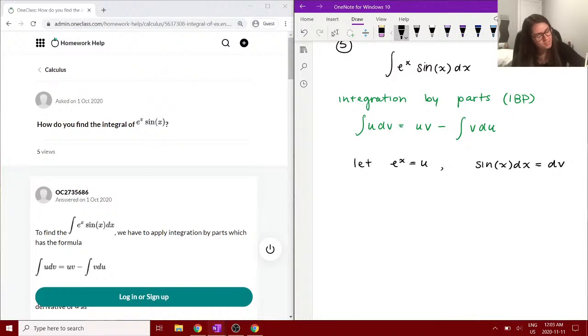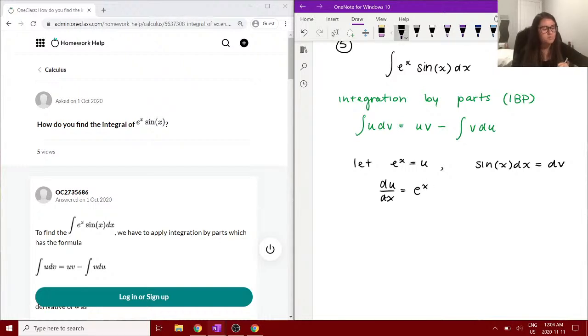But if we take the derivative of this first term here, the u term, let's do du by dx. Well, what's the derivative of e to the power of x? It's always just the same, since there's nothing in the exponential but x.